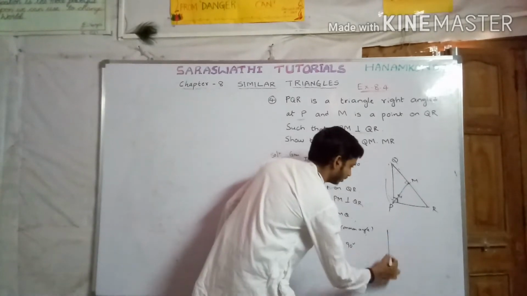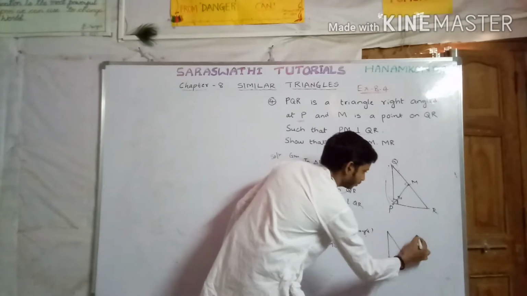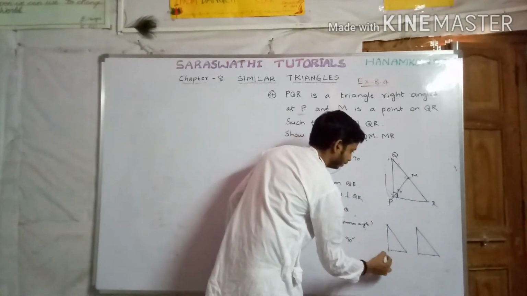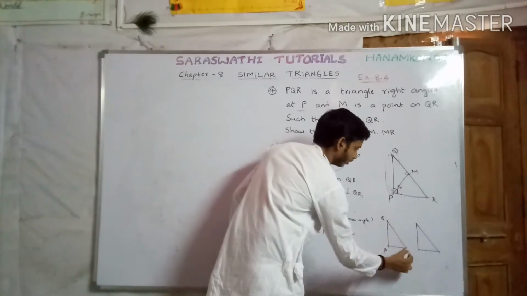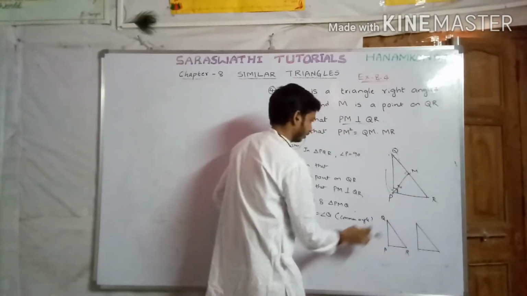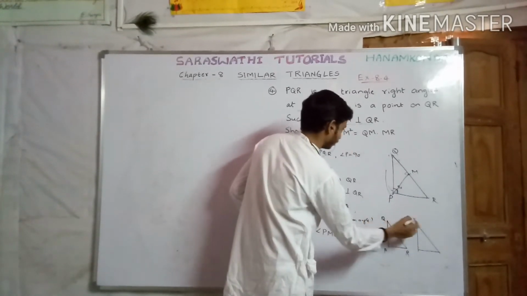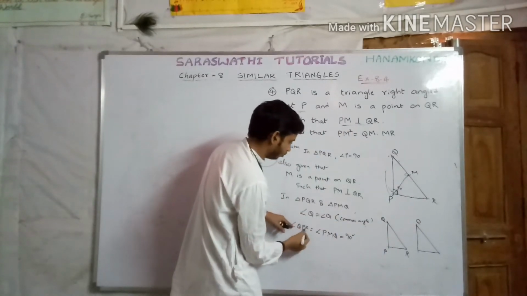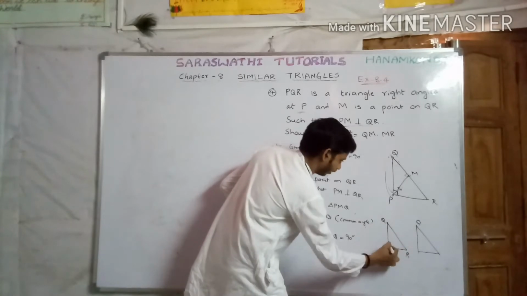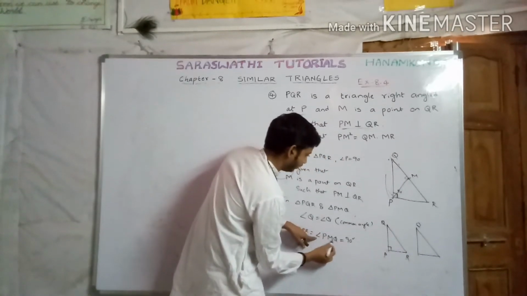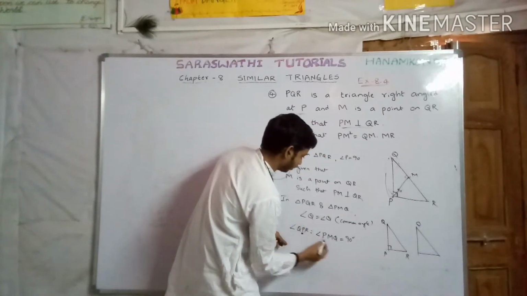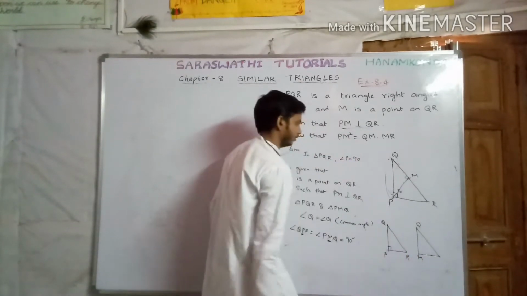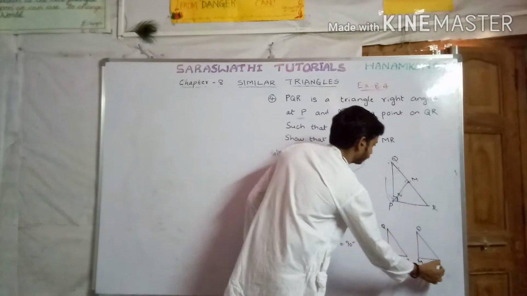So first draw the two triangles. PQR: the corresponding angle to angle Q is angle Q. Here angle Q equals angle Q, and angle QPR equals angle PMQ, which means the corresponding angle to P is M. So we have to take here M, angle QMP.